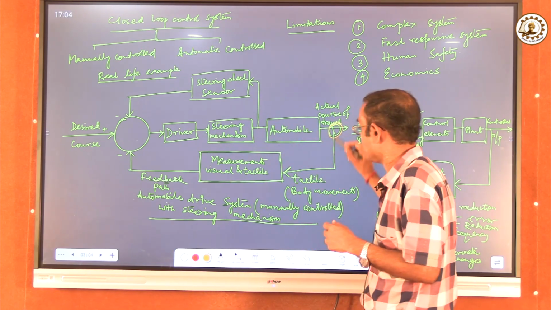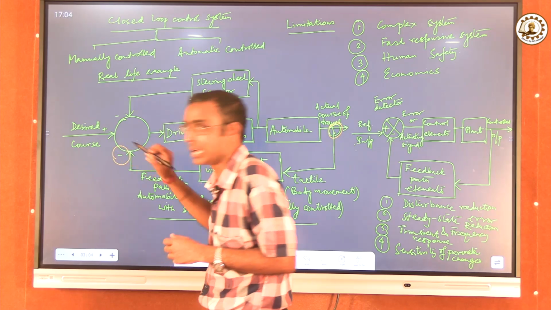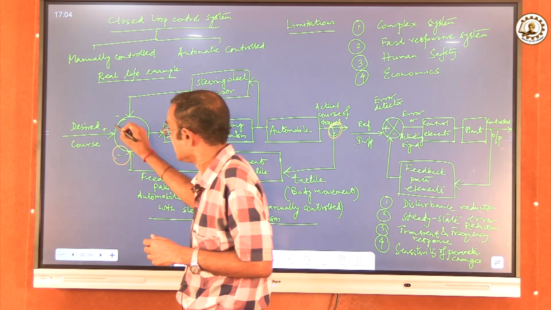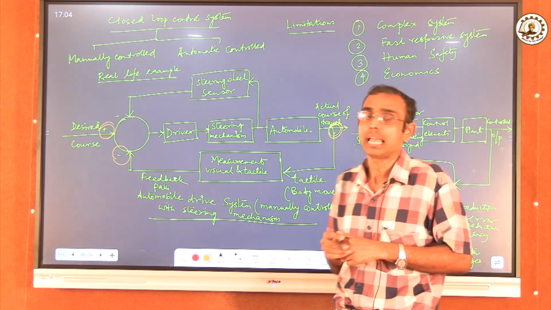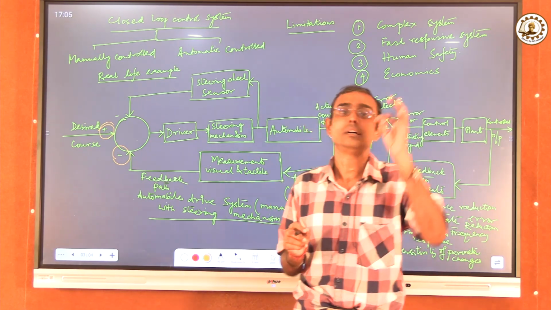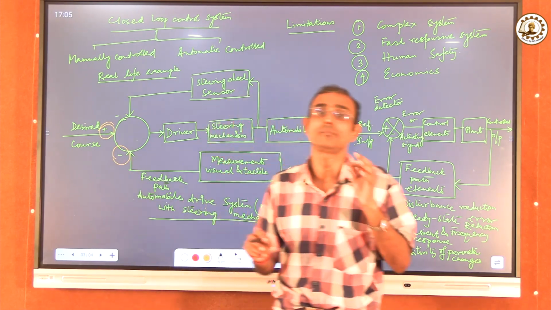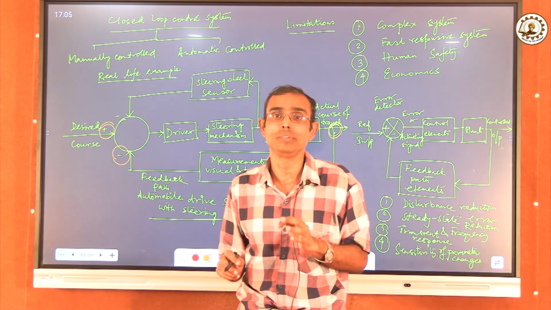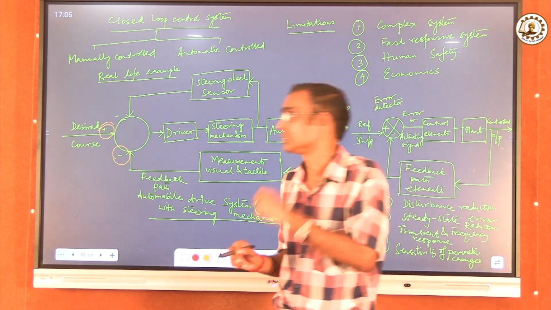That is why the feedback signal is put in this comparator shown as minus, and the desired course is shown as plus. These two will be compared by this device, and it will give the output on whether the vehicle is actually moving as per the desired course of travel, or it is moving in some unintended direction.